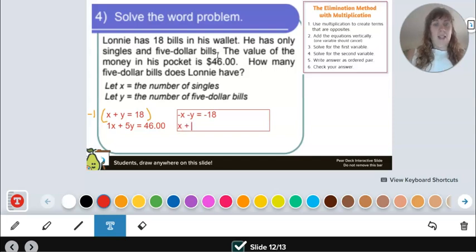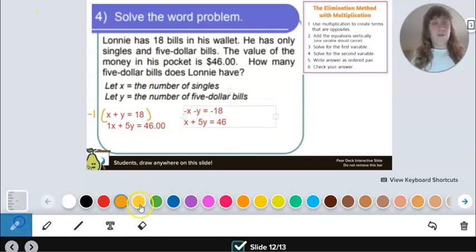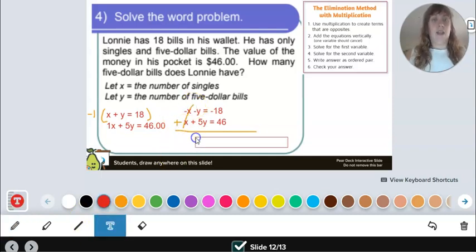And we're going to add that to positive x plus 5y equals 46. So when we add these two equations, our x's cancel, and we're left with 4y equals negative 18 plus 46 is 28.